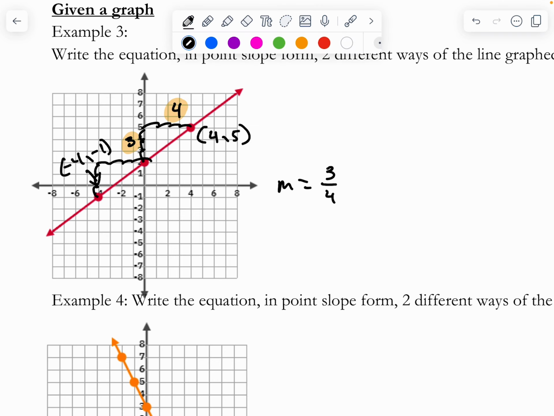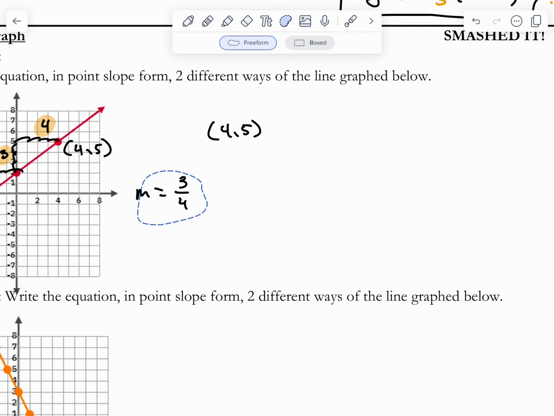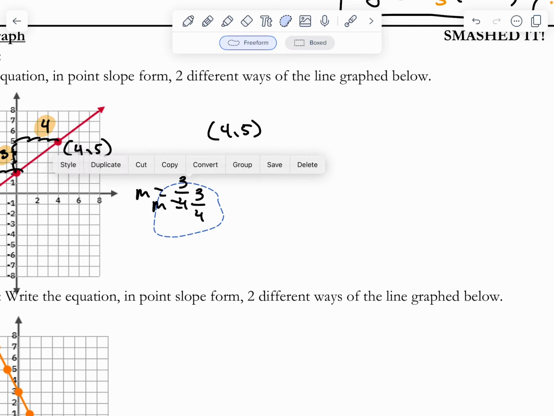And the first point we're going to use, let's do the positive one. The positive one is always easier for me. I don't know about you guys, but at least for me, it's always easier. So, since we're going to reuse the slope, let me just duplicate this now. The slope is 3 over 4 for both of them. And my iPad started lagging out of nowhere.